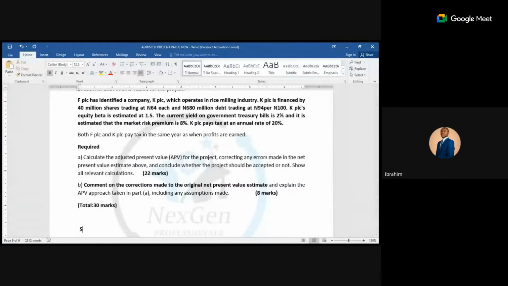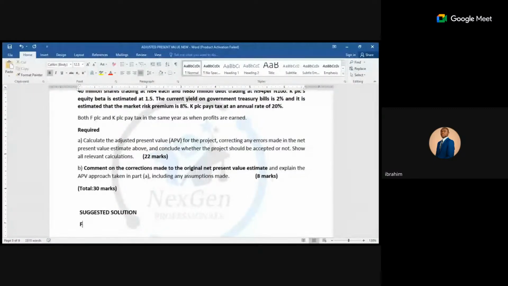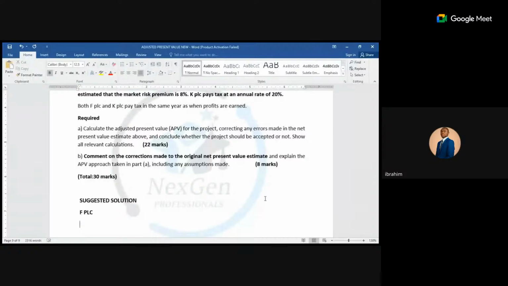So this is the solution. The name of the company is FPLC. Now, we need to determine the cost of equity of the ungeared company.